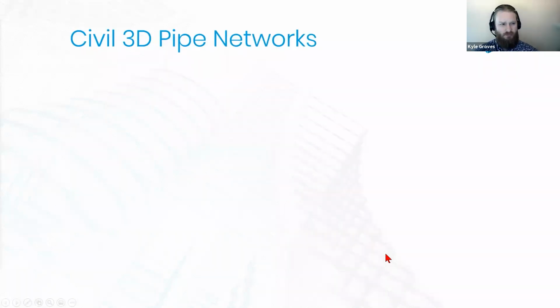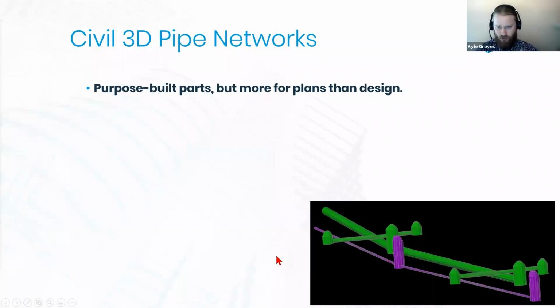So Civil 3D pipe networks, what are they? Why do we like them? Well, they're purpose-built parts. I've got this thing called a part catalog, and I can say, look, I need RCP pipes. They might be anywhere from 6 inches all the way up to 60 inches in size and everywhere in between. So they're the closest thing that Civil 3D has to parametric modeling in the way that Revit has for their family object types.